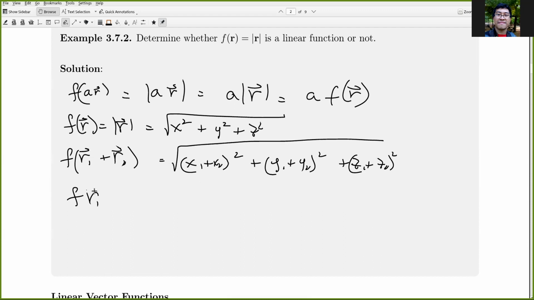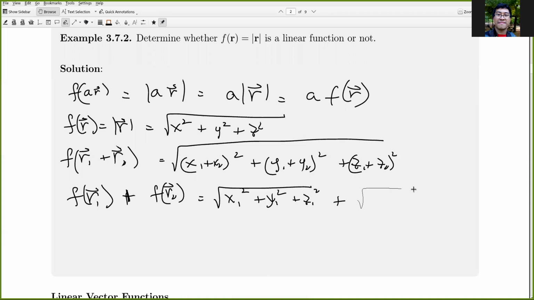For f of r1 plus f of r2, that would be the square root of x1 squared plus y1 squared plus z1 squared, plus separately the square root of x2 squared plus y2 squared plus z2 squared.